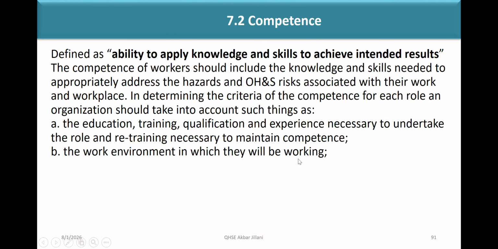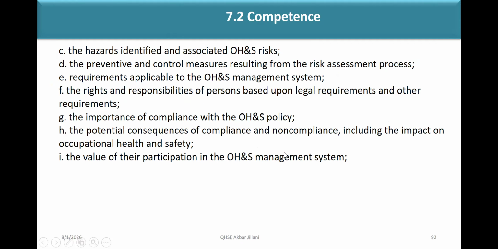Now, these are the two things. Now we are coming to the third: the hazards identified, the OHS risks, the preventive and control measures resulting from the risk assessment process. Now, E, requirements applicable to the OHS management system.